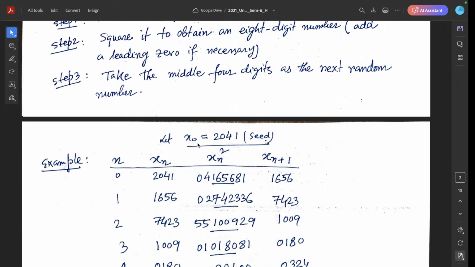Consider this example. Take the seed x0 as 2041.